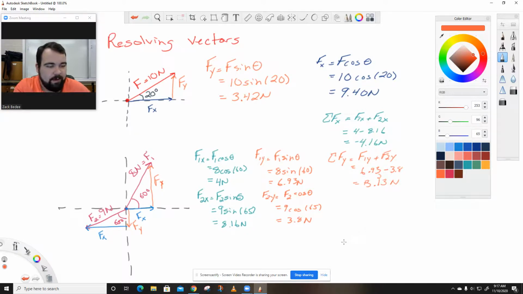If we want to draw that out, we would have to try and get some values here. Change the color up. So we're going to draw our y component here and our x component here. So we have a total net force in the x direction of negative 4.16.